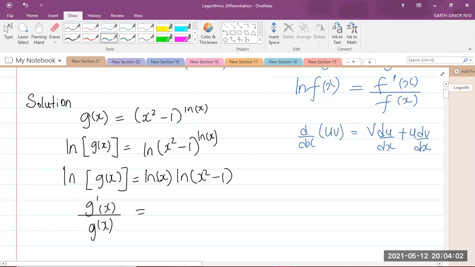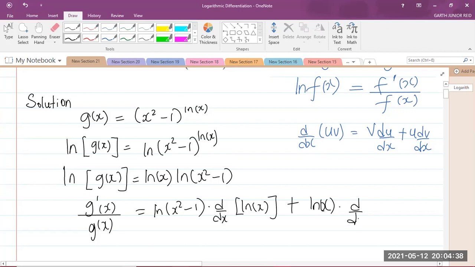You're multiplying ln x by ln of x squared minus 1. So what you will have is v, which is the ln of x squared minus 1, multiplied by the derivative of ln x, plus u, which is the ln of x, multiplied by the derivative of ln of x squared minus 1.